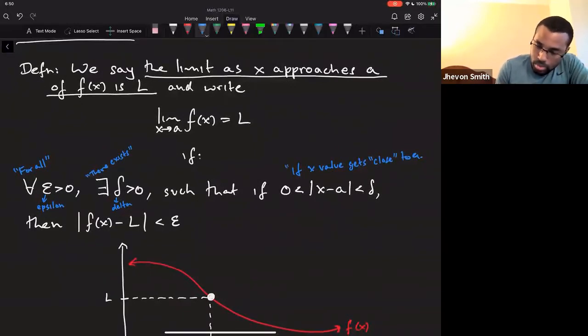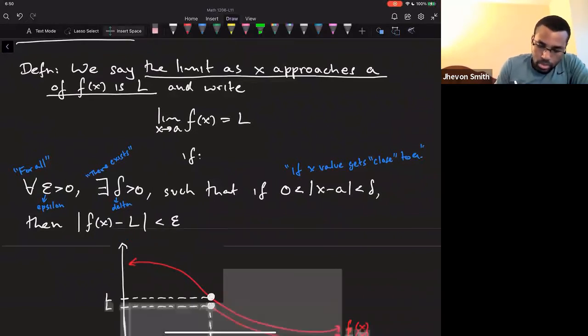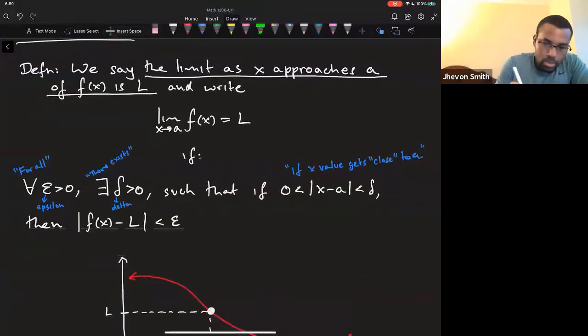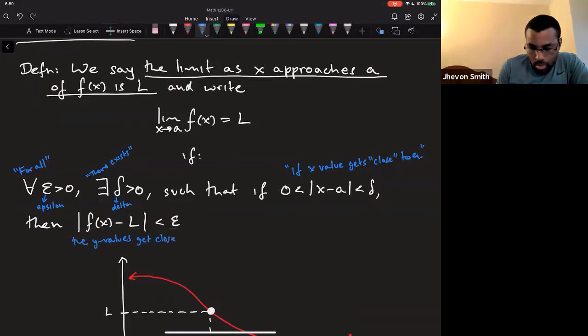So what this is pretty much saying is that the y values get close to L. But here, again, close isn't some vague term.